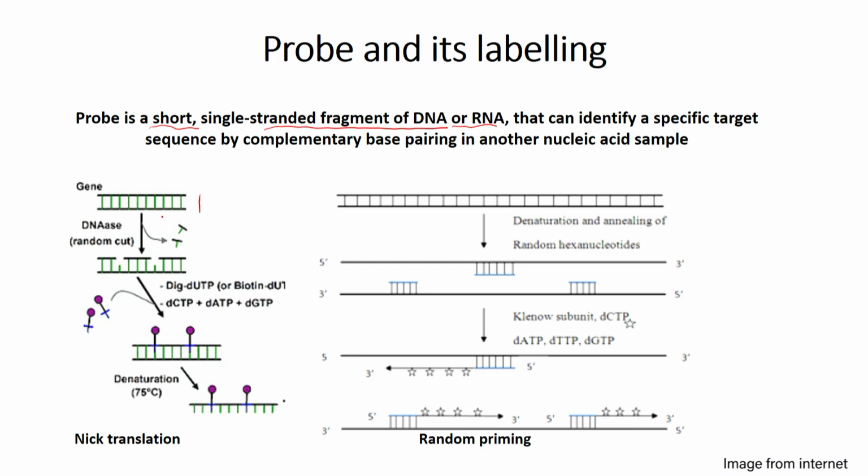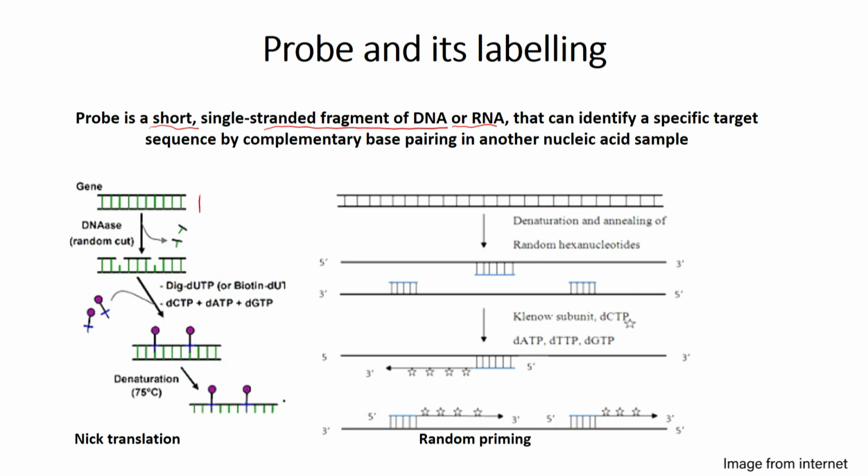And with the DNAs, there can be random cut, and some of the places the bases can be removed. It may happen by itself also. The process of isolation of DNA has lot of nicks. And if we use DNA polymerase, the complete DNA polymerase, this can widen the nick, because DNA polymerase 1 I am talking, this has two units.